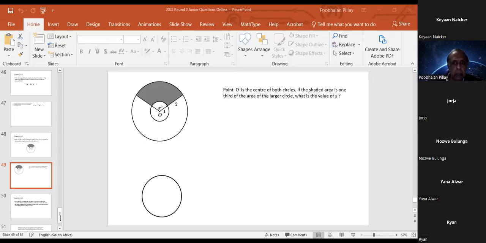If I got a circle and I got a piece, and I know the angle. Suppose this angle I know is, say, 45. And I ask you, what is the ratio of the area of this pizza slice to the area of the entire circle?